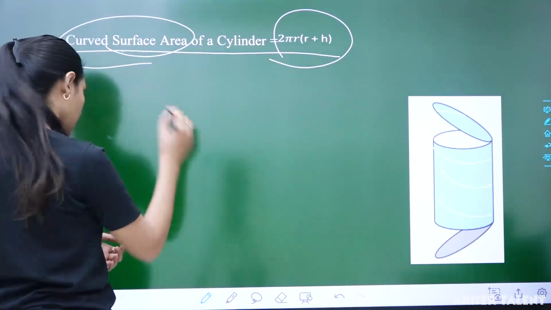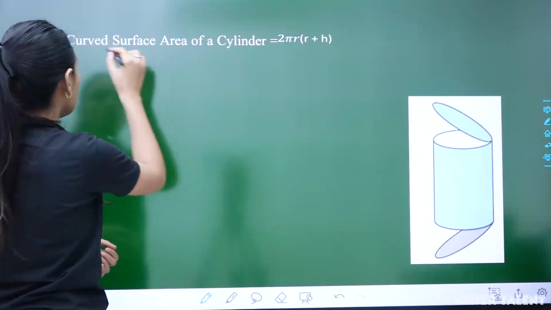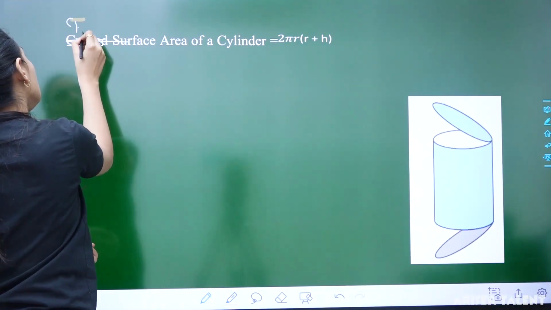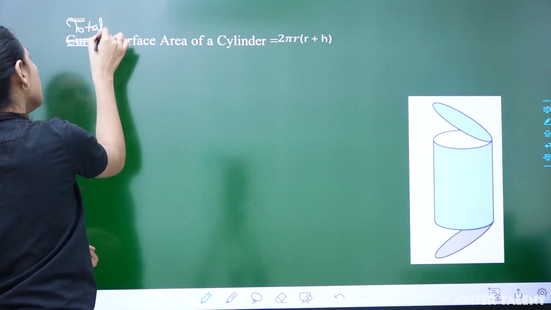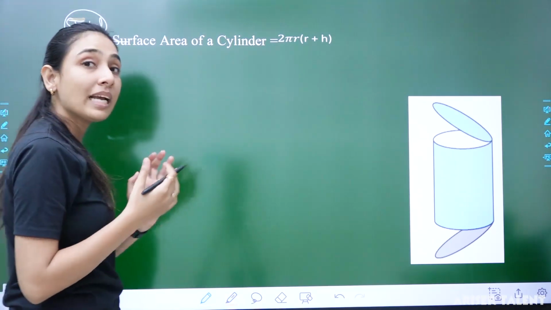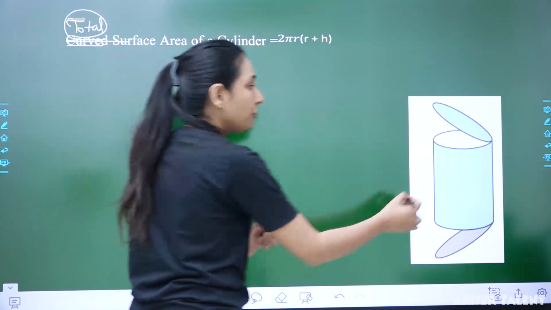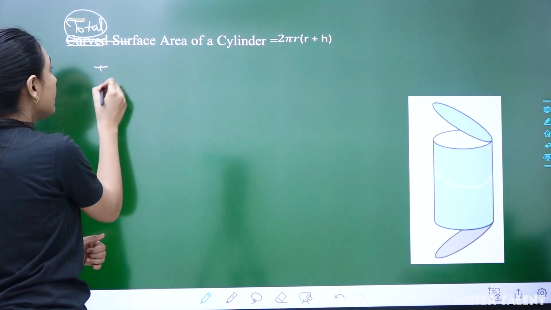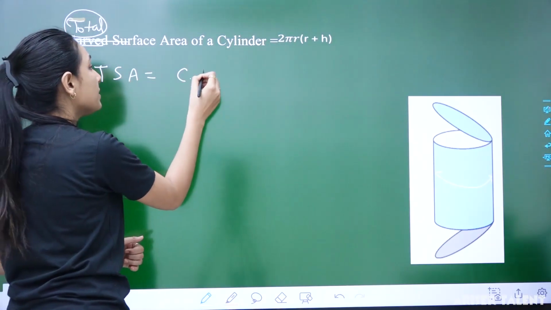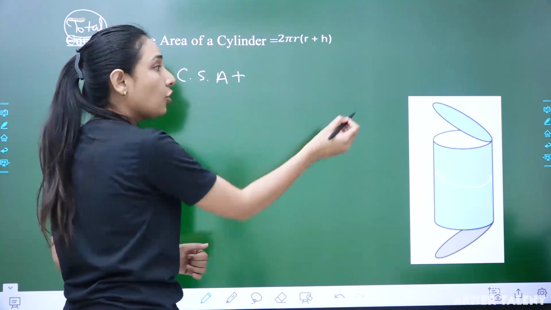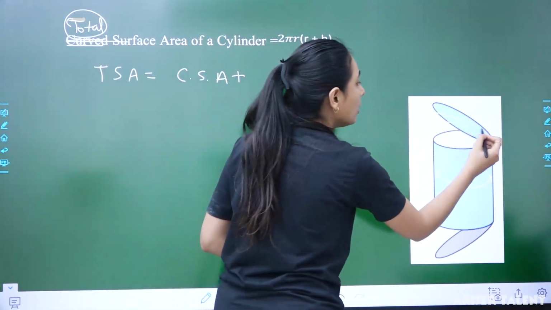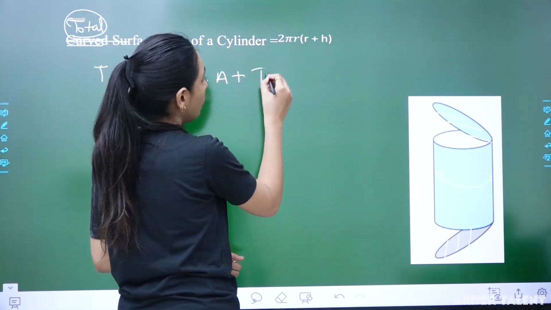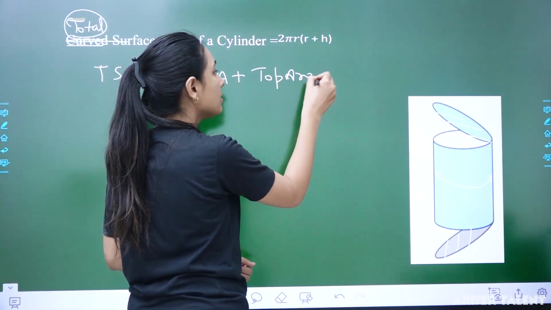This is written wrong here, mark it as total surface area. Now, how will you calculate the total surface area? We have calculated the curved surface area. Total surface area is equal to curved surface area plus top area plus bottom area. This is the top area, this is the bottom area.